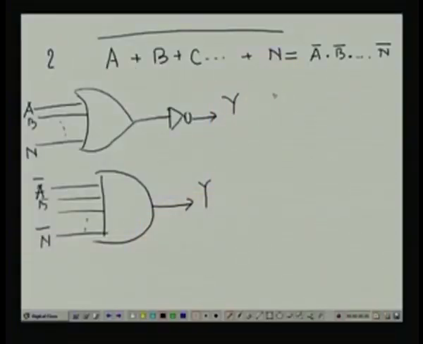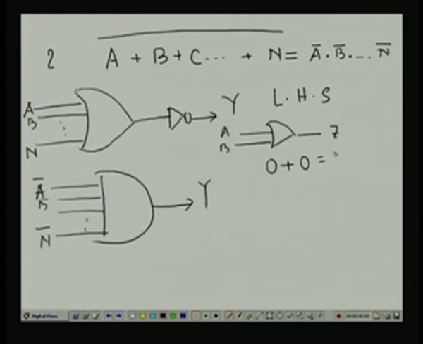Now, another thing is that when the left hand side will produce a 1. See, for the second case, that it is an n input OR, and what is the 2 input OR truth table or truth logic? If it is a 2 input, we remember that A plus B, say 0 plus 0 is 0, 0 plus 1 is 1, 1 plus 0 is 1, 1 plus 1 is 1.